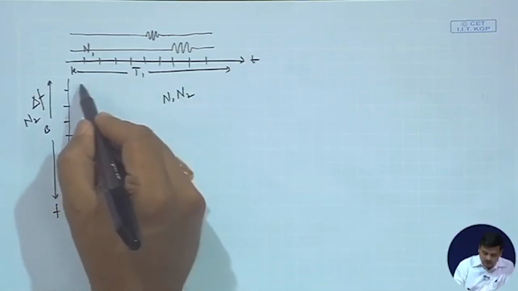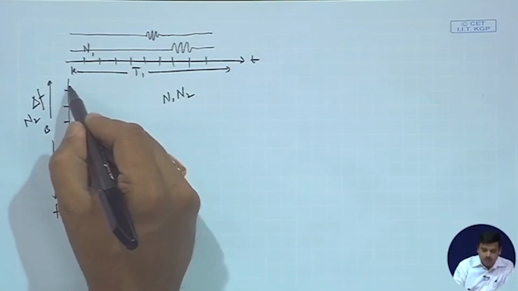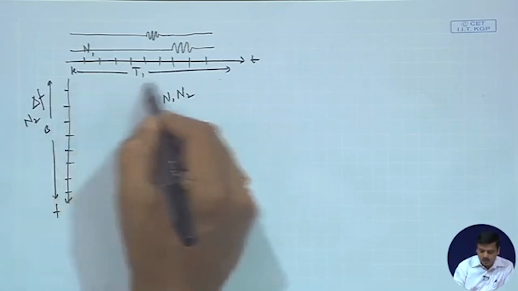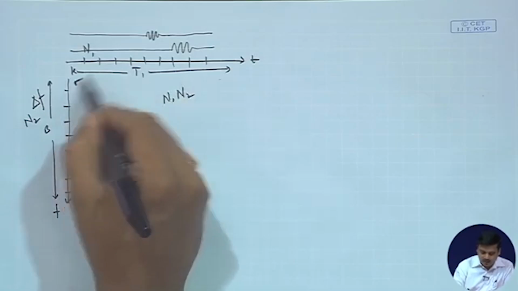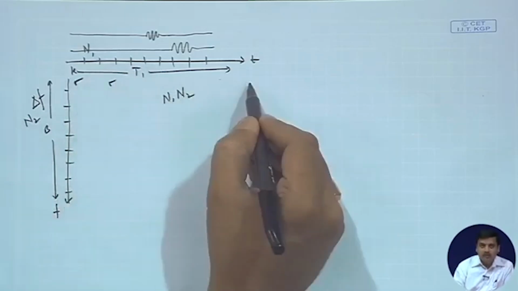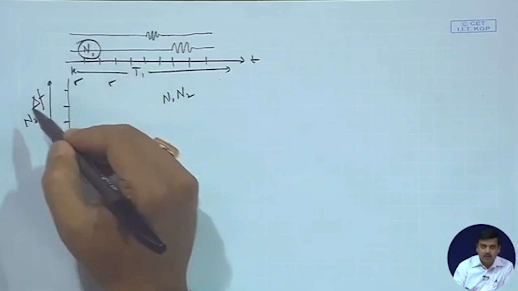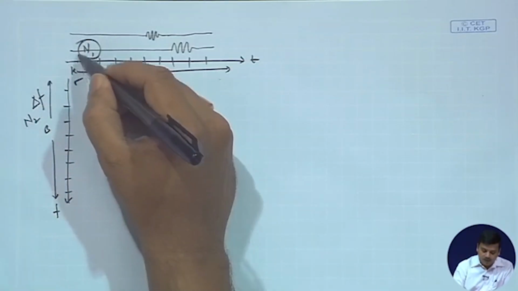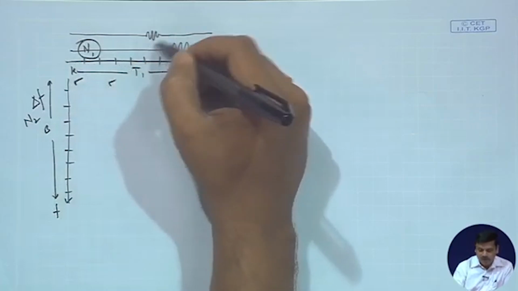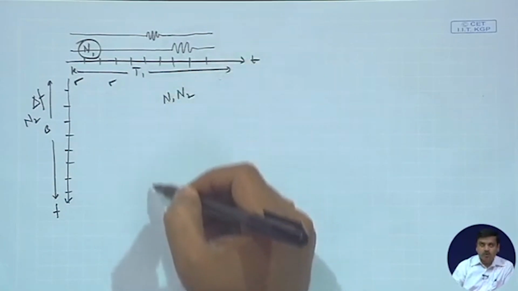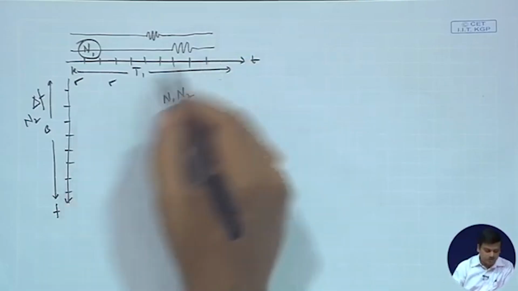Just for the explanation's sake, if I am choosing this particular band, then I could have N1 possible options over here. That means, I could have a signal here, I could have a signal there, or anywhere else, and there could be N1 possible options which is indicated here. And for any one option, that means, if I have selected this, I could choose N2 possibilities, and these are all orthogonal to each other.